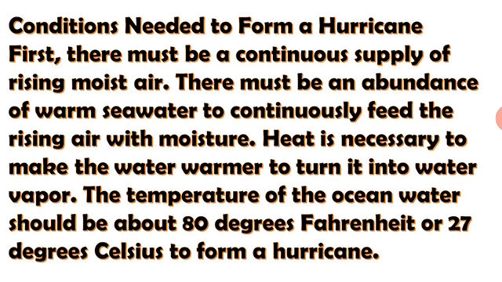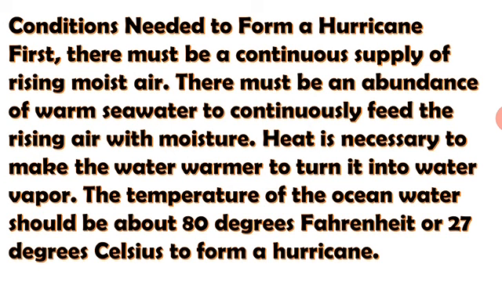So, what are the conditions needed to form a hurricane? First, there must be a continuous supply of rising moist air. That is just the same as with a tropical cyclone. There must be an abundance of warm seawater to continuously feed the rising air with moisture.